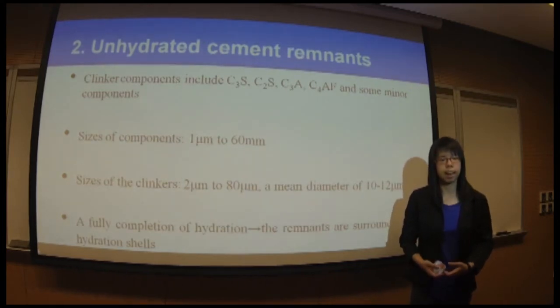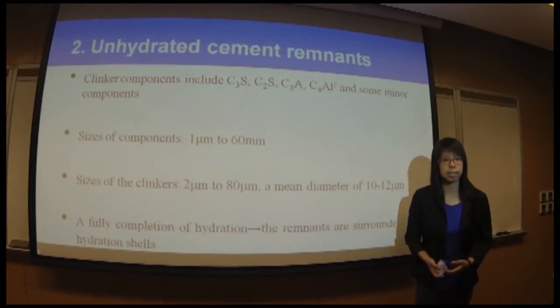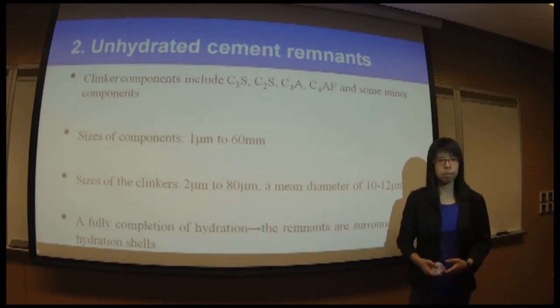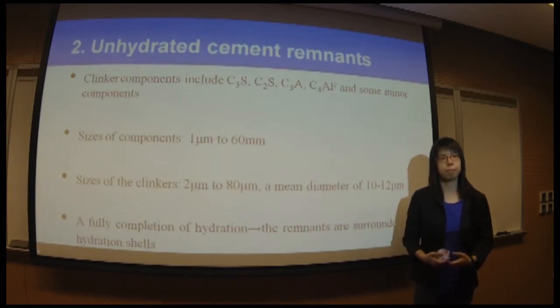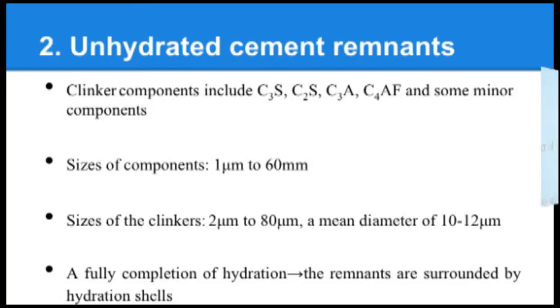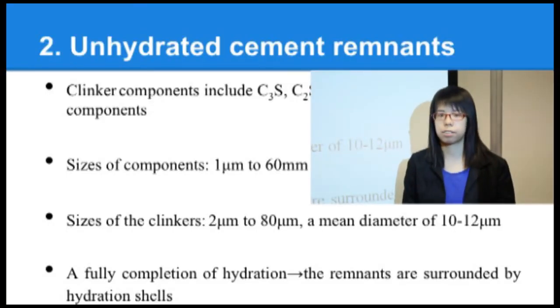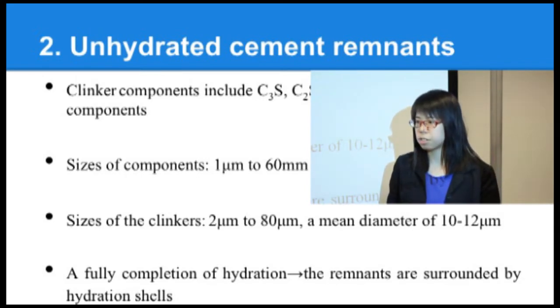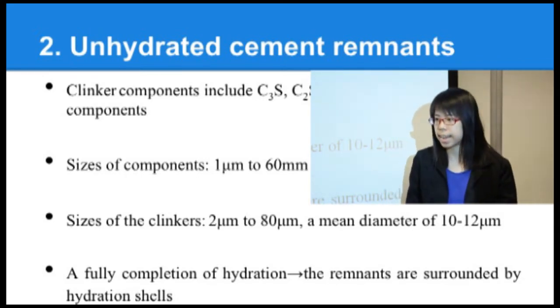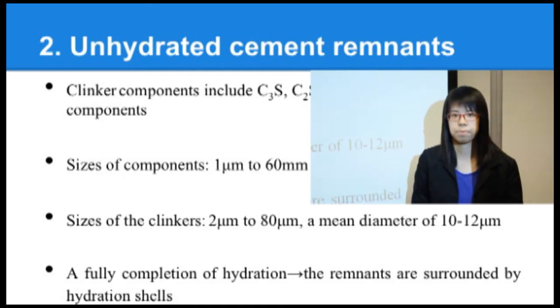Instead, the clinker mass will be broken down as a whole. Therefore, after the grinding process, fragments of different types of crystals will probably be found in each clinker. And after a full completion of hydration, hydration shells will probably be found surrounding the remnants.